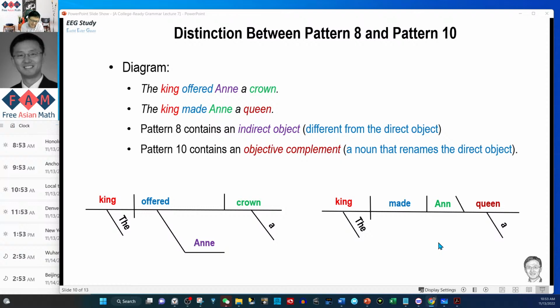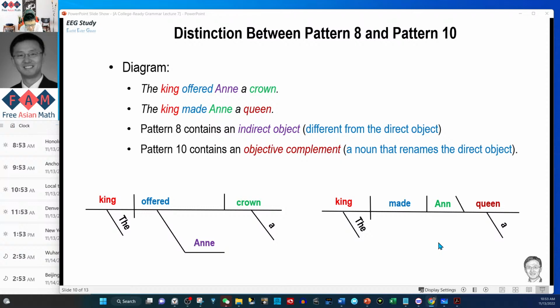Although this can have a different caveat, so that's just we have a reflexive pronoun. Remember what is a reflexive pronoun? The king made himself a drink. Well, in that case, a drink.